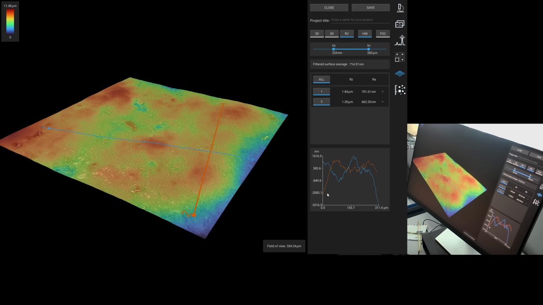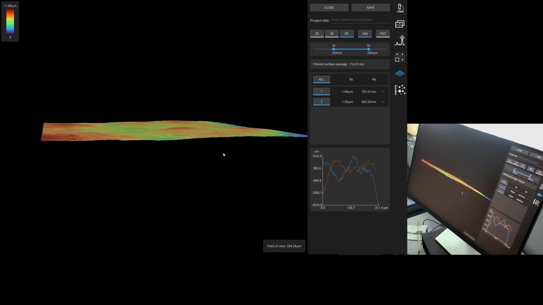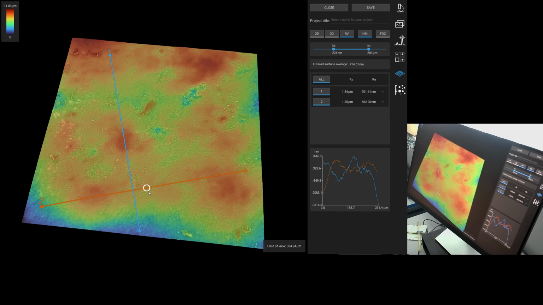It's going from 2083. Well, it's just not a lot, is it? It's nanometers. Okay, adjusting for the angle, it's even less. It's really nothing.